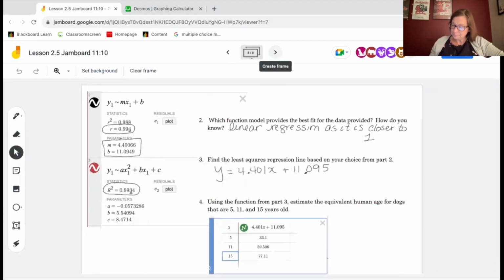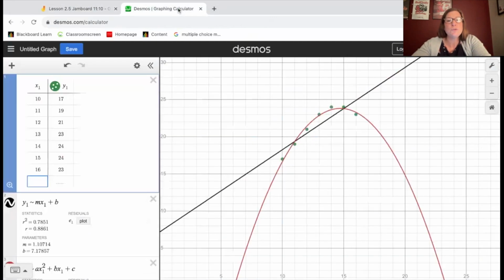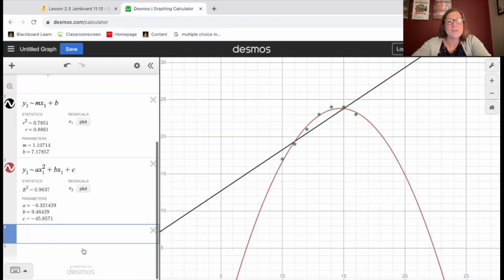We are given a dog's age value. So we are given the x value, we need to find the y value. And notice I did a little chart here. So I want to show you how I entered in this chart to make life a little easier for calculating. So to do that, I'm just going to start a new line here. I'm going to enter in my regression line.